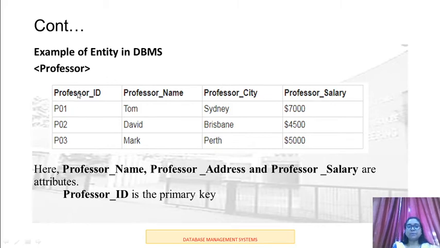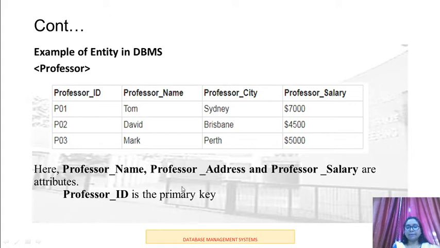Unique attribute is the professor ID. Two professors do not have the same ID. So that's why we can set this professor ID as a primary key. So what is a key? It is nothing but an attribute or a collection of attributes, or a combination of multiple attributes, that we can make the primary key.